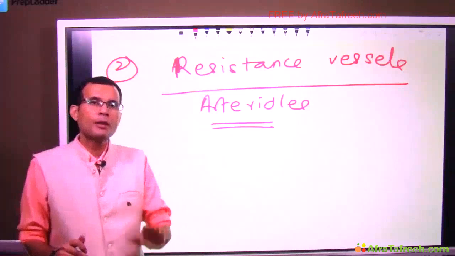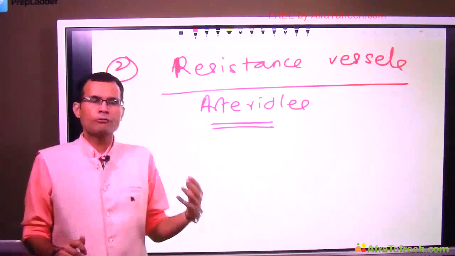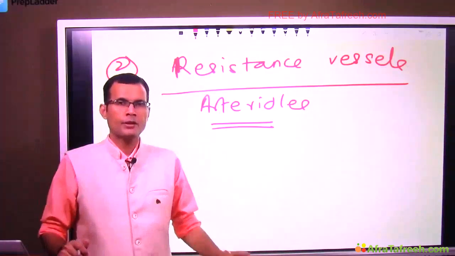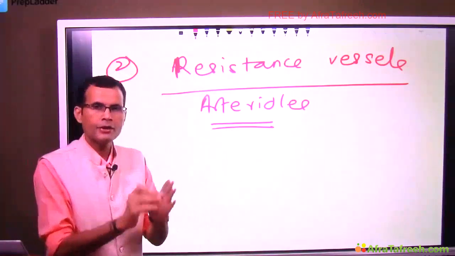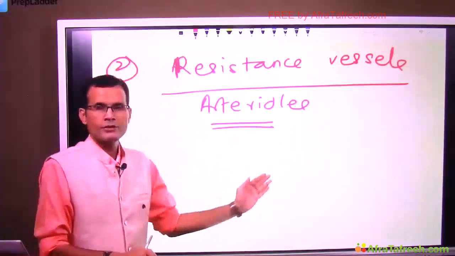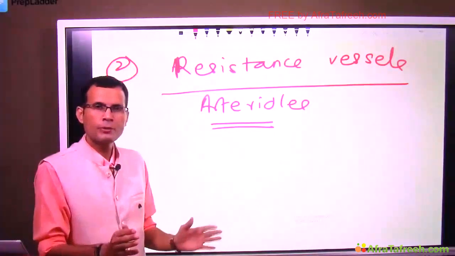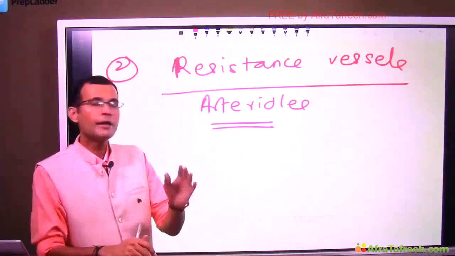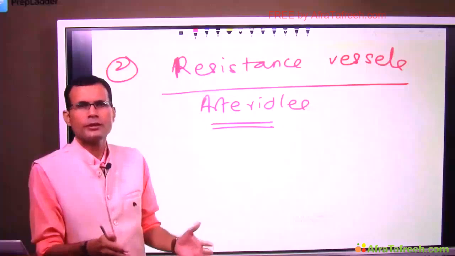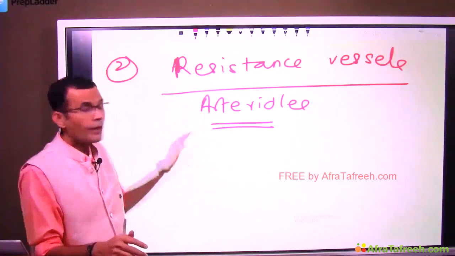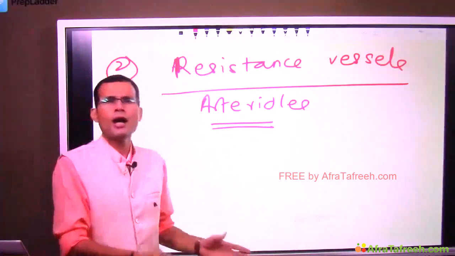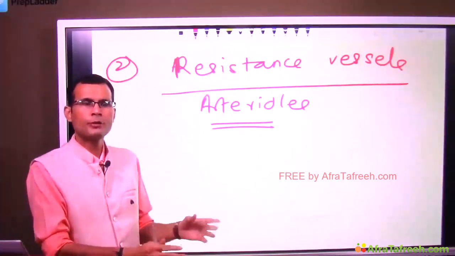Whereas in the case of pulmonary circulation, 40% resistance is offered by the capillaries. So let's make it clear. In the systemic circulation, much of the resistance to the blood flow comes from arterioles, and systemic capillaries do not offer much resistance. Whereas in the pulmonary circulation, capillaries offer almost half of the total resistance to the blood flow.